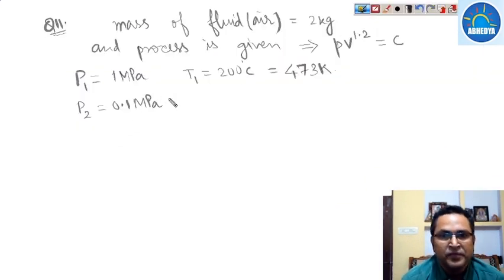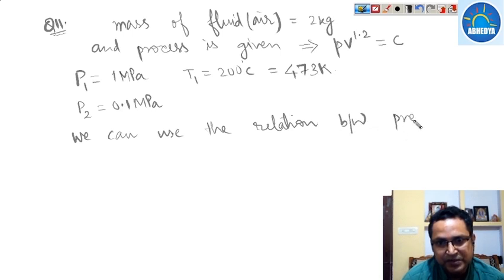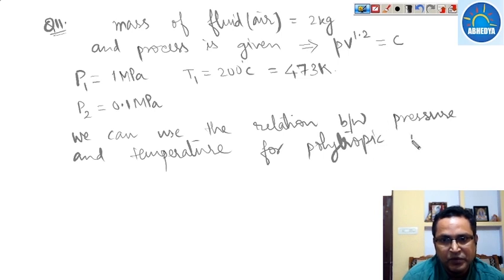Okay, so it is PV to the power 1.2 equal to constant, so we can use the relation between pressure and temperature for polytropic process.